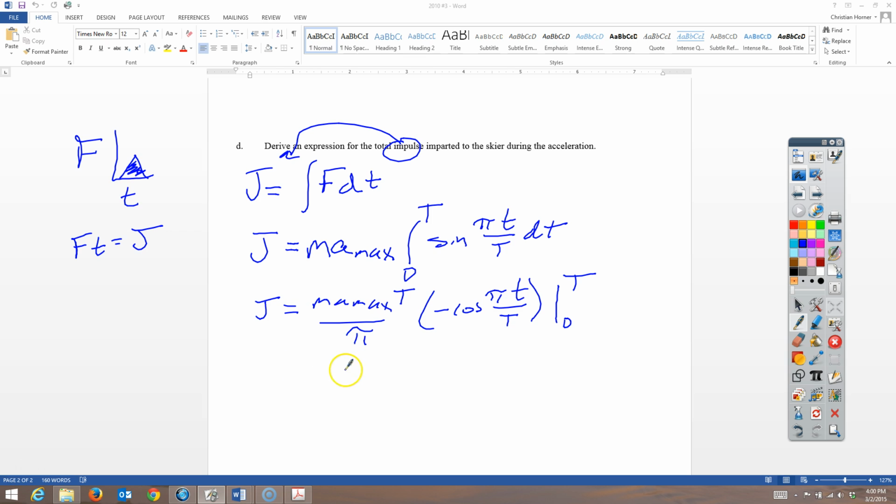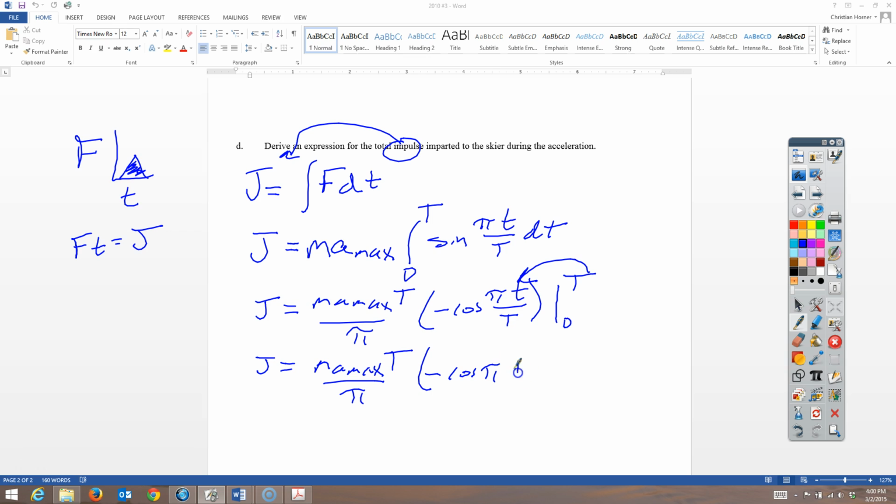For evaluation of the limits of integration, we just need to say J is equal to m a max times T all over pi. And now if we do this from 0 to T, if you put T in on the top here, we notice the T's cross off, and so you get negative cosine of, oops, sorry, negative cosine of pi. I'm getting ahead of myself.